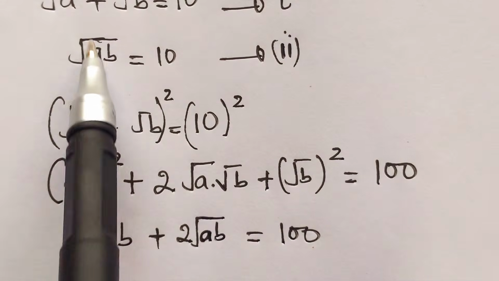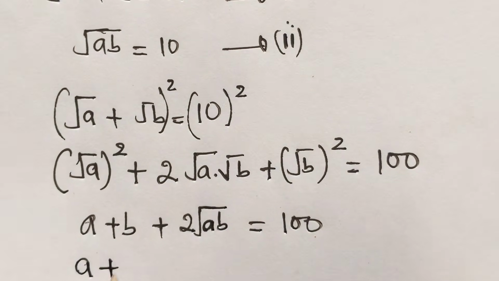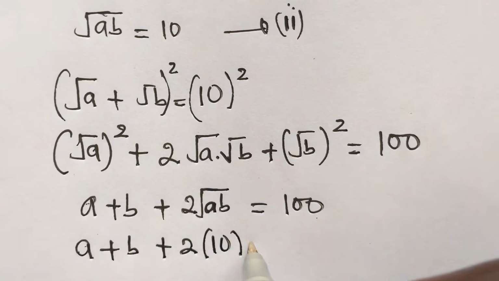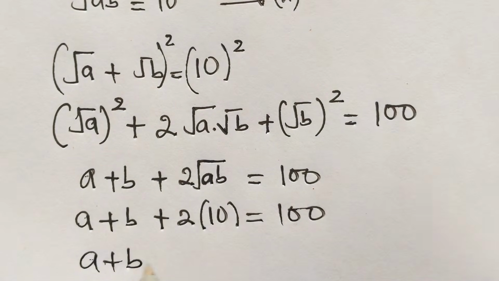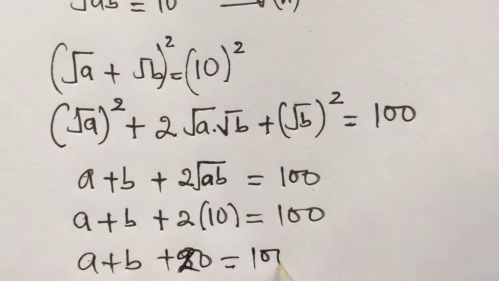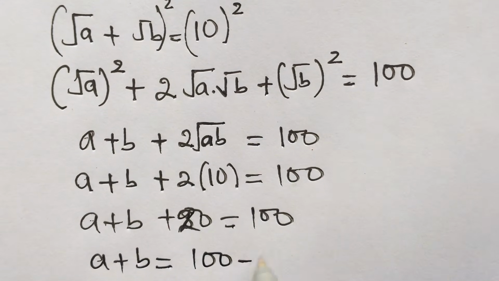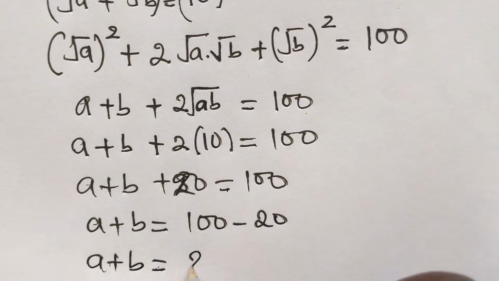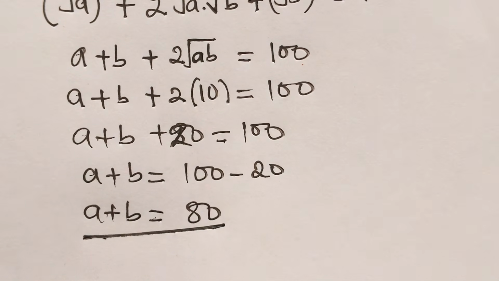And we have seen that square root of ab is equal to 10, so we write a plus b plus 2 times 10 equals 100. Then a plus b plus 20 equals 100. Then a plus b equals 100 minus 20. Of course a plus b will be 80. This is what we have right here.